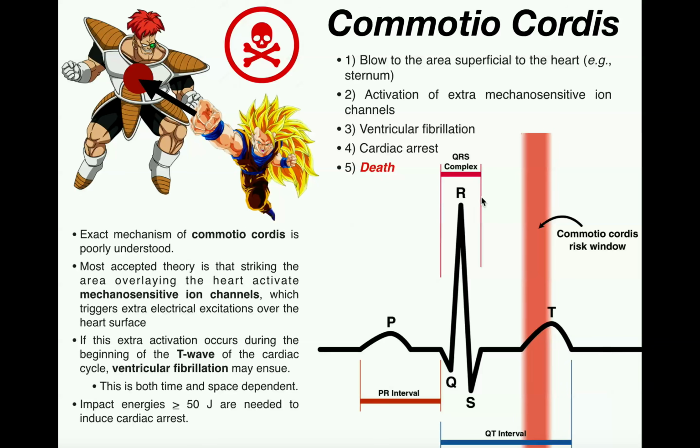And that's not good because that induces ventricular fibrillation, cardiac arrest, and eventually death, potentially in most of the cases, 60 to 80%, depending on whether or not you get defibrillation in time.